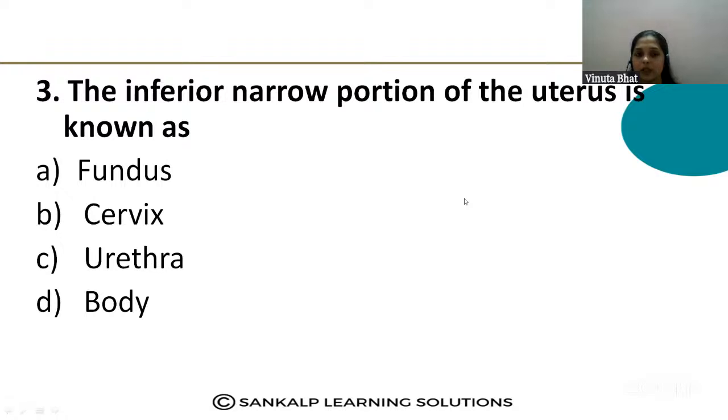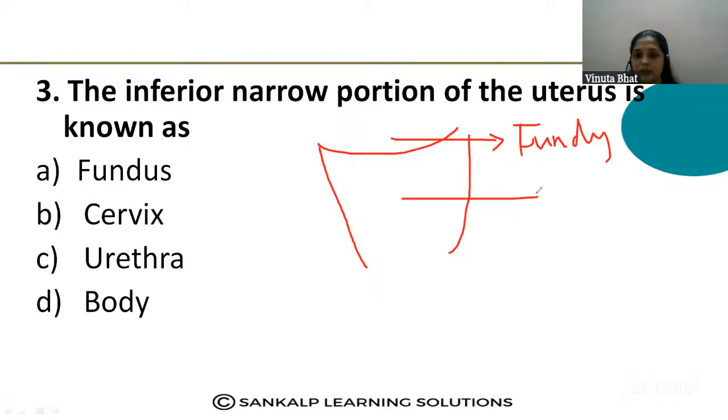See the third question. The inferior narrow portion of the uterus is known as. Here in the uterus, this part is known as the fundus. And this middle part is called the body.